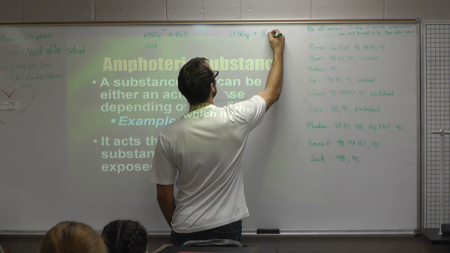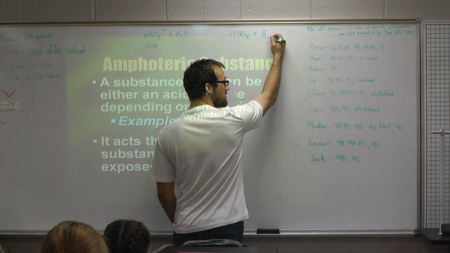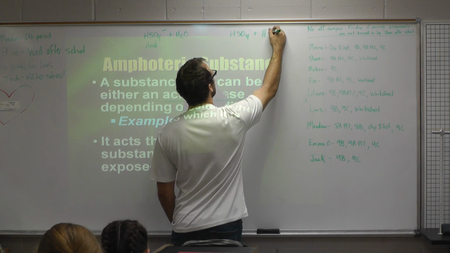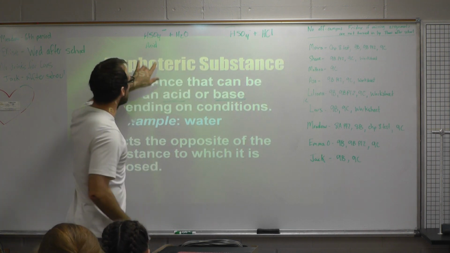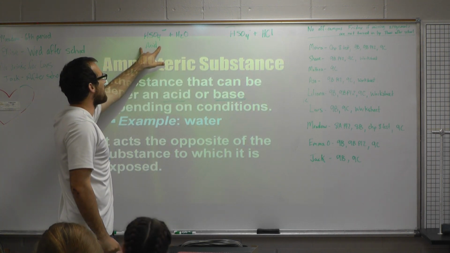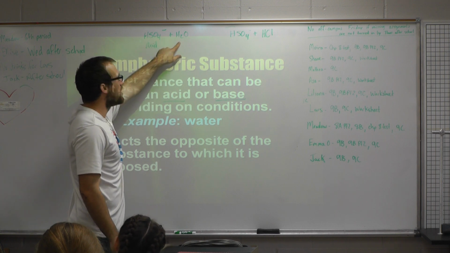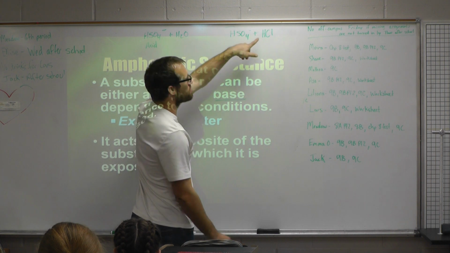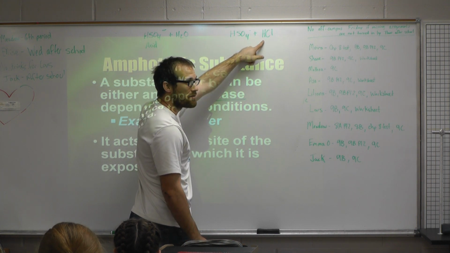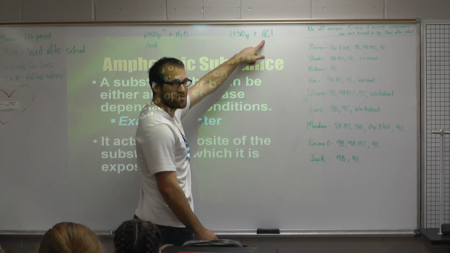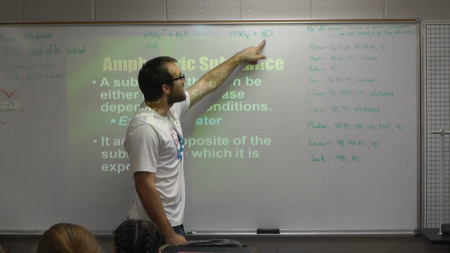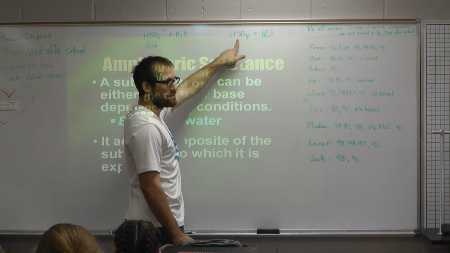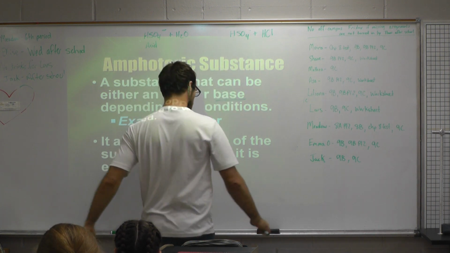You thought wrong. H2SO4 is a strong acid, HSO4 minus is an amphoteric substance. So here, I put this substance in water. This is going to act as a base. Now I'm putting this substance with a strong acid. This strong acid is going to dominate it and make this act as a base, actually.